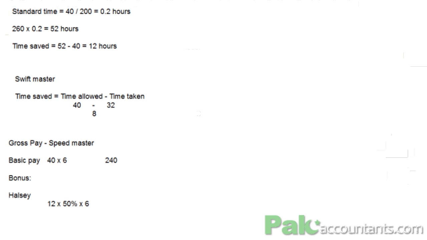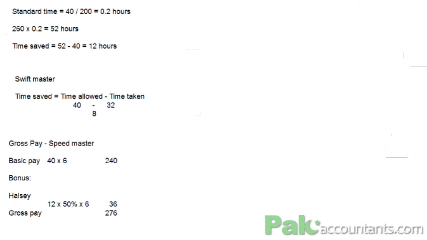He'll be paid for this at the same rate, the basic rate of pay of $6. For this he gets $36, and in this way $276 will be his gross pay.